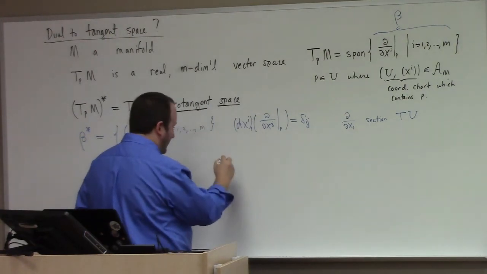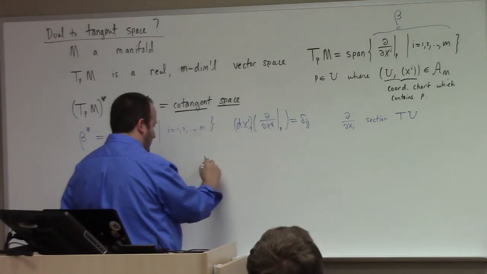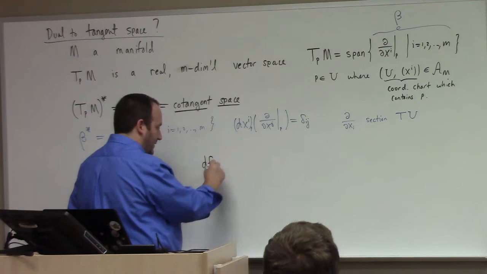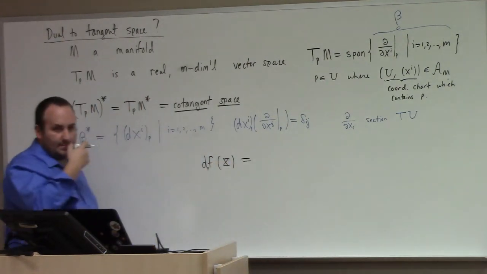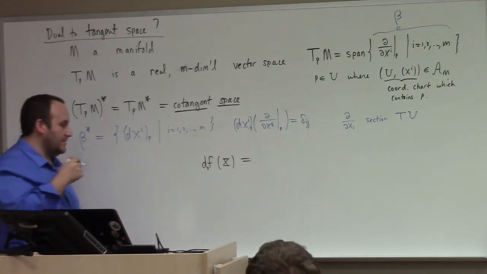The other way to interpret this would be, what did we say? Remember df at the point P, acting on x, what was it? Have we even done this yet? I don't remember. Maybe we haven't.